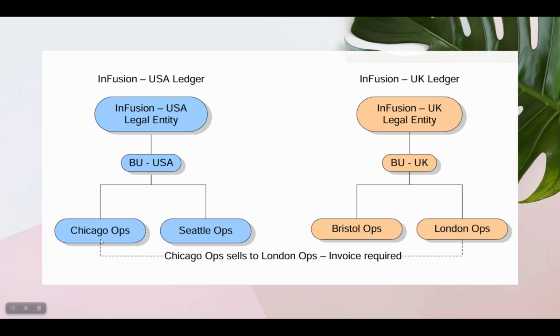For example, here Chicago BU sells something to London BU. Chicago is under a separate ledger, which is USA ledger, and at the same time London is under a different ledger, which is UK ledger.